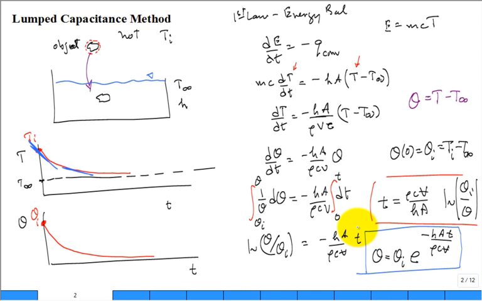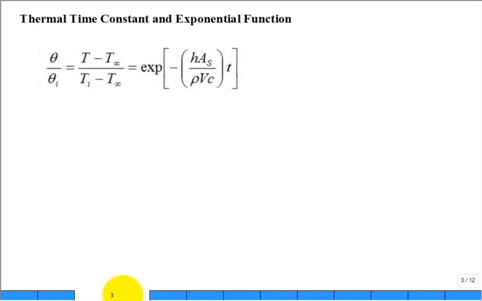All right. So there's our equation. Theta over theta initial, or T minus T infinity over Ti minus T infinity, equal to the exponential of minus hA over rho c V and then t.